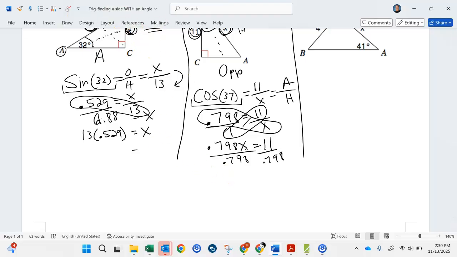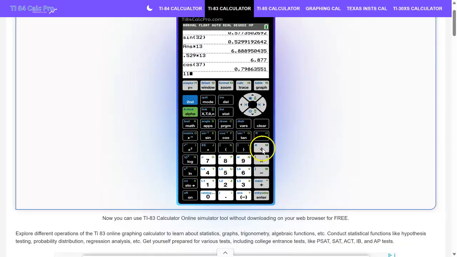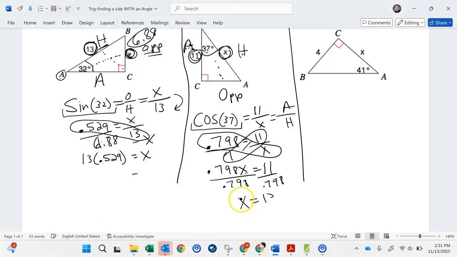Okay, so 11 divided by 0.798. Enter, I get 13.78. Okay, so that's going to be what X is equal to. So this side is 13.78. All right, so there you go.